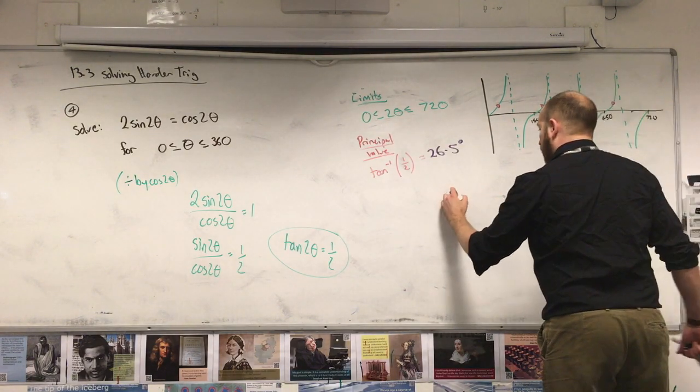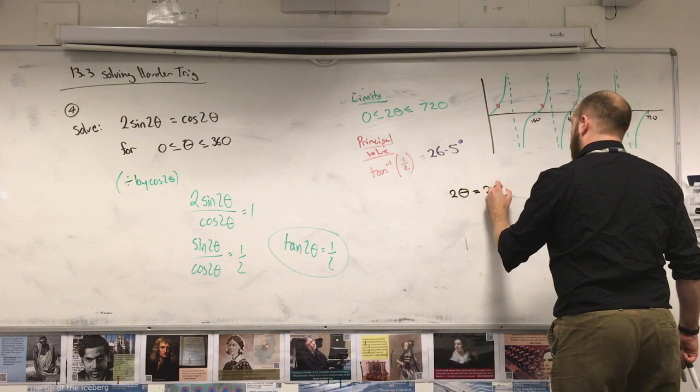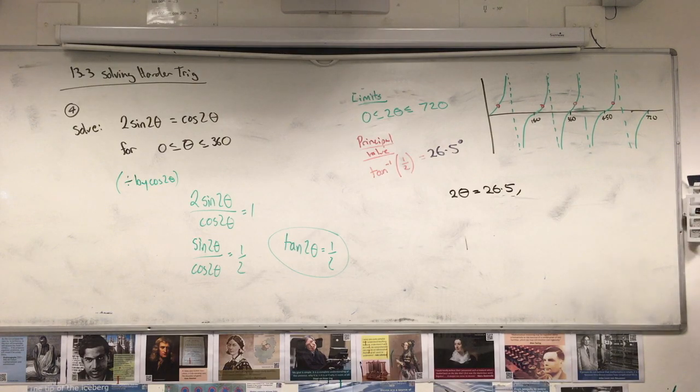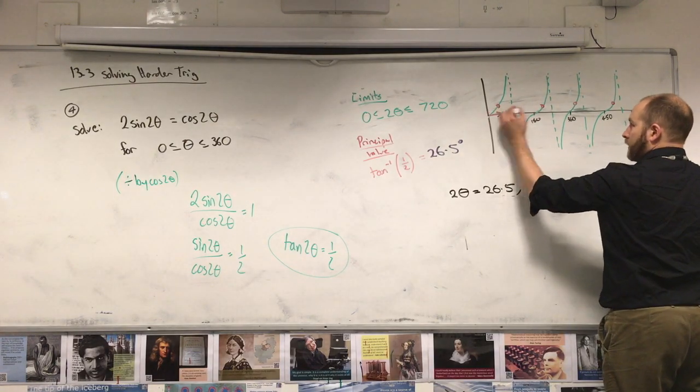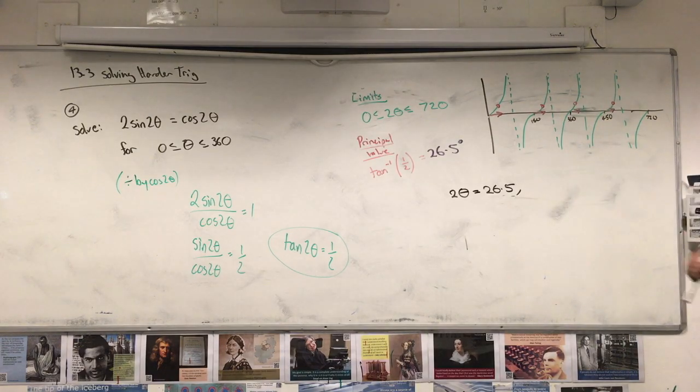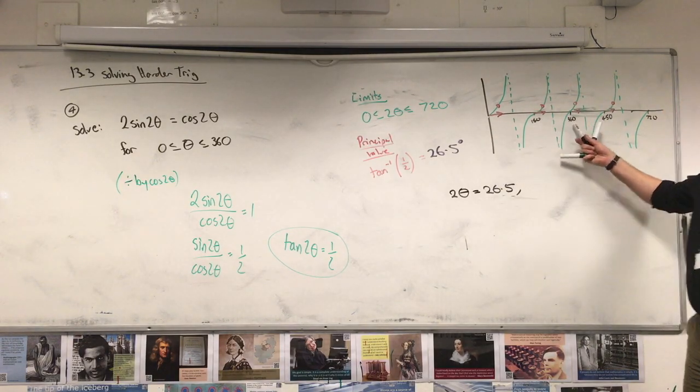So 2 theta is 26.5. So now we just need to find all these other values. So if our first value is measured from where it crosses, all of these are as well. So we're going to add 26.5 to each of these values.